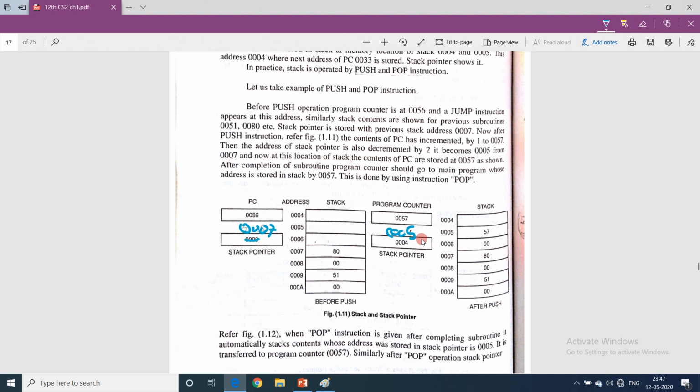This is the lower order byte and this is the higher order byte. These are the changes you have to make in the textbook so that it doesn't confuse you, because there are minute mistakes in the textbook.